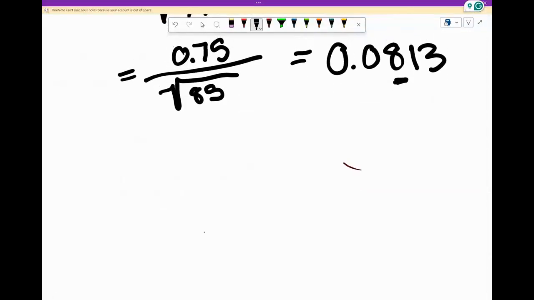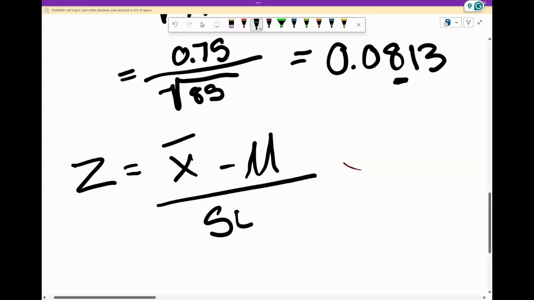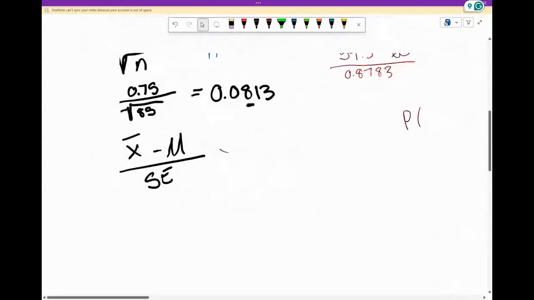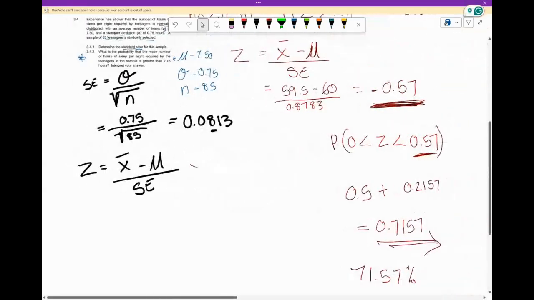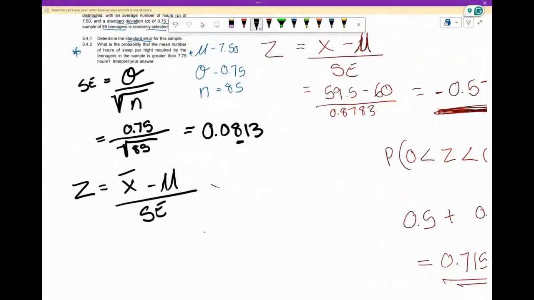So now we need to find Z. Z is equal to X, in other words, the mean of the sample minus the mean of the population divided by SE. Sorry, I didn't actually read the second part of the question before going into this.